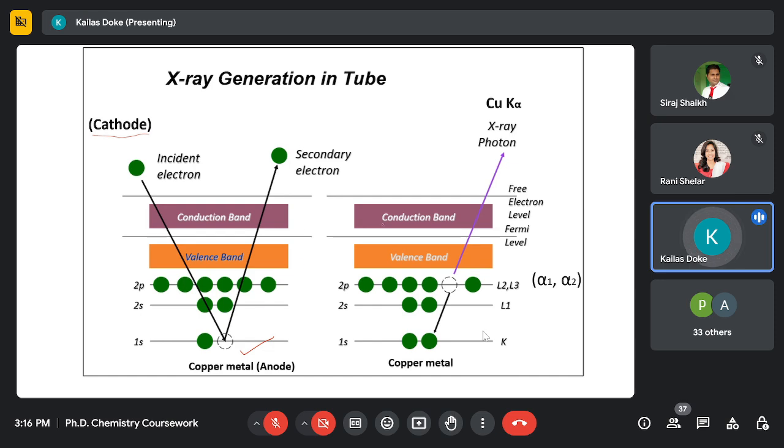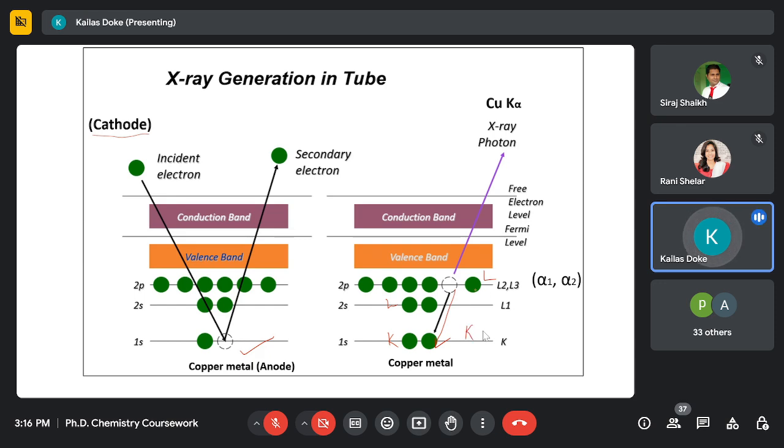To maintain the stability of the system, an electron from a higher shell jumps to the core shell, and there is an energy difference between the K shell electron and the L shell electron, 1s electron and 2p electron. The L shell electron has more energy than the K shell electron.